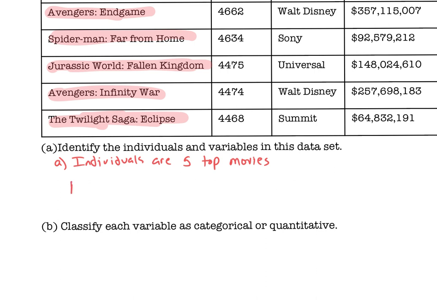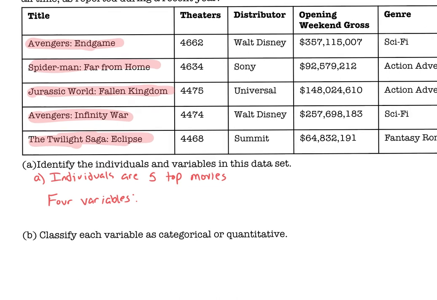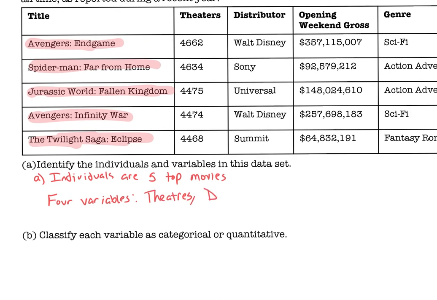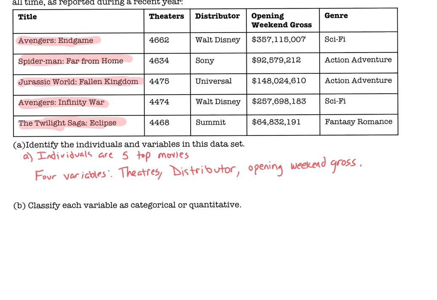So the 4 variables that we have, if you look across that top, the 4 variables that we have are theaters, distributor, opening weekend gross, and finally genre. Those are the 4 variables that we're looking at here that describe each of the individuals.